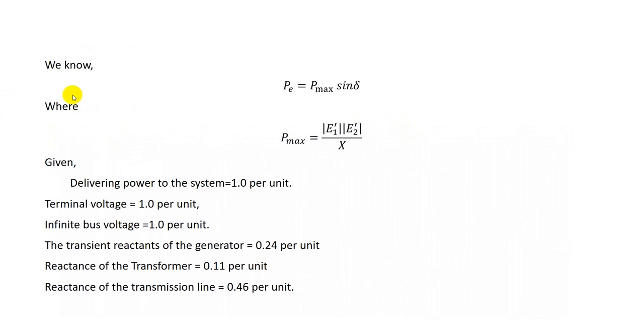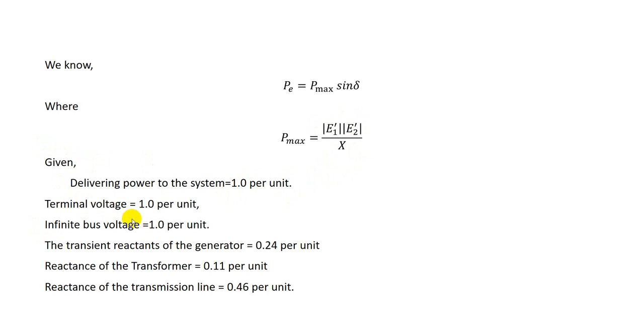So we know the equation of power equal P max into sine del, where P max equal modulus E1 prime modulus E2 prime by X. Here X is the reactance given. Delivering power to the system equal 1.0 per unit.